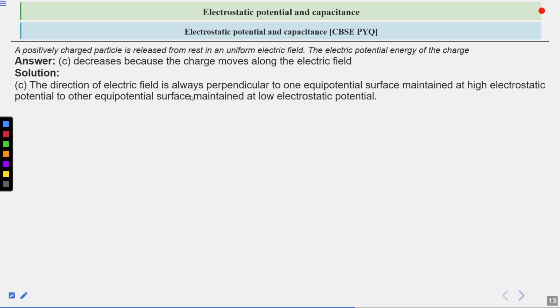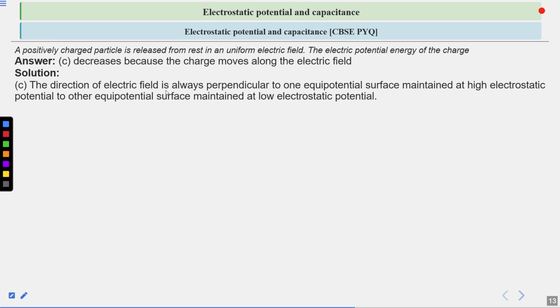The direction of the electric field is always perpendicular to the equipotential surface, going from the surface maintained at high electrostatic potential to the one maintained at low electrostatic potential. So we know that the electric field is in the direction of decreasing potential, by the relation of electric potential and electric field.